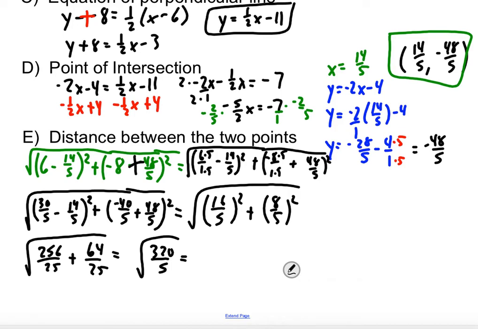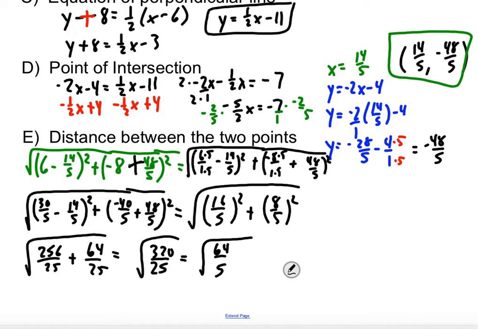And I'm getting 320/25, so I can just divide that out. I know 5 goes into those. So 5 goes into 320 64 times.